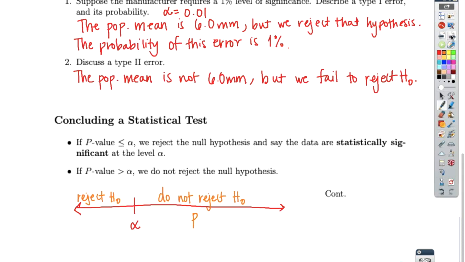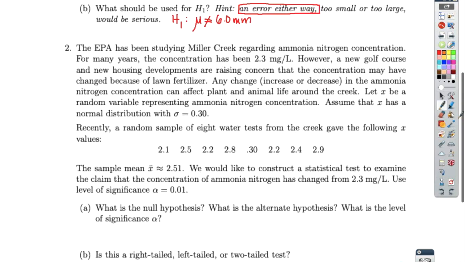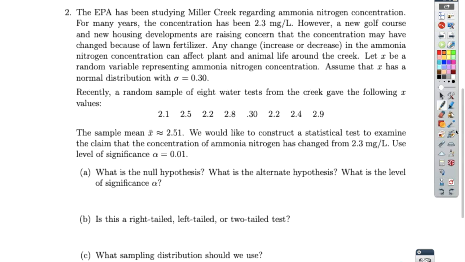Okay, so let's put this all together in problem number 2 of the I Really Understand This. This one is full detail, start to finish, the entire problem. The EPA has been studying Miller Creek regarding ammonia nitrogen concentration. For many years, the concentration has been 2.3 milligrams per liter.